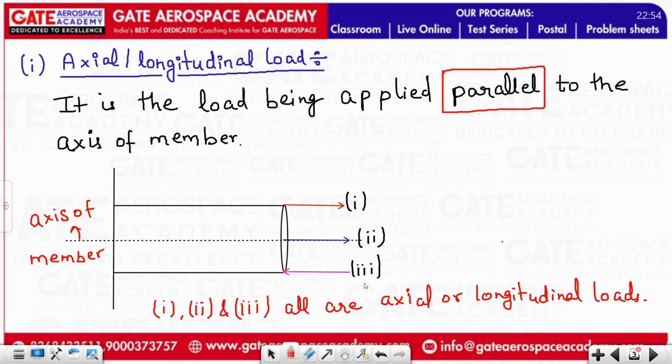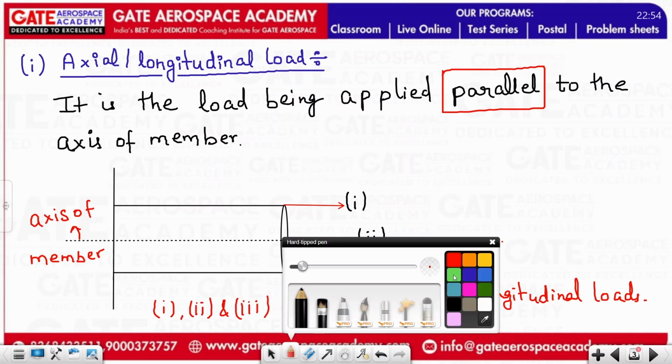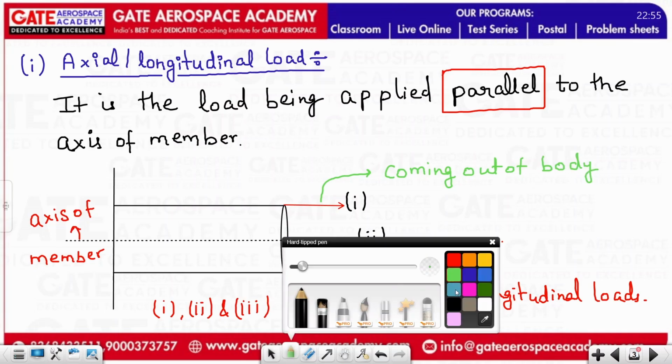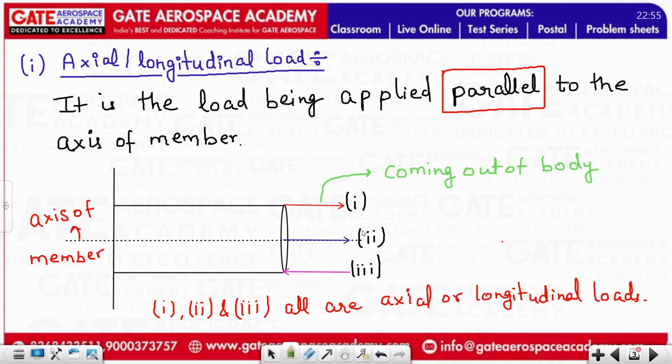Now, you can see that there are two different types of loads that we have here. The first one, if you try to see this particular case, this load is a coming out type load, coming out of the body. Similarly, if you see this load, you can see that this is also a coming out of the body type load.